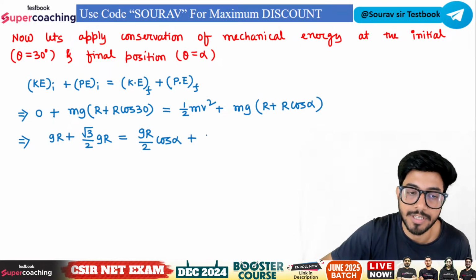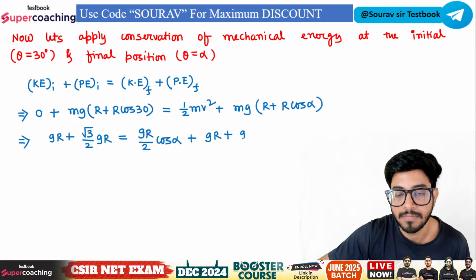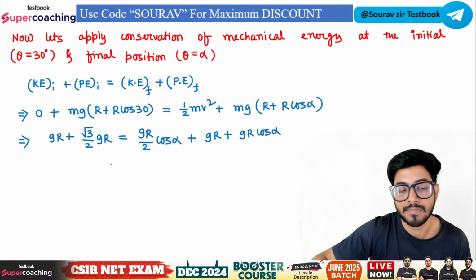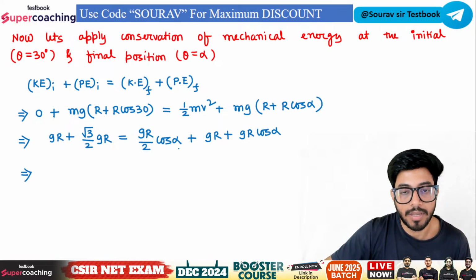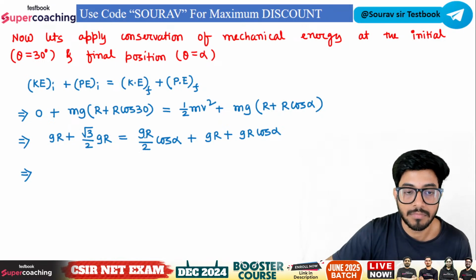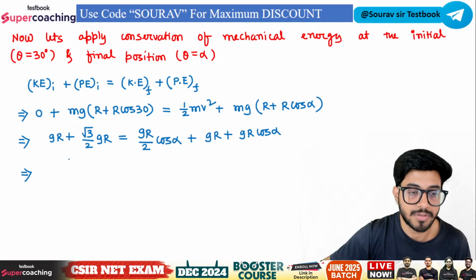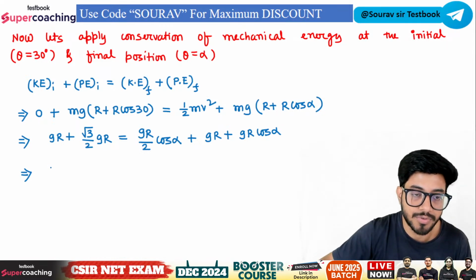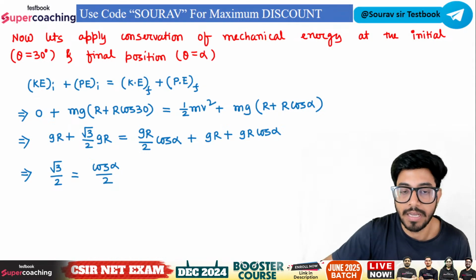Here gr plus gr cos alpha. From here gr cancels out, so it will be root 3 by 2 plus cos alpha by 2 equals cos alpha.